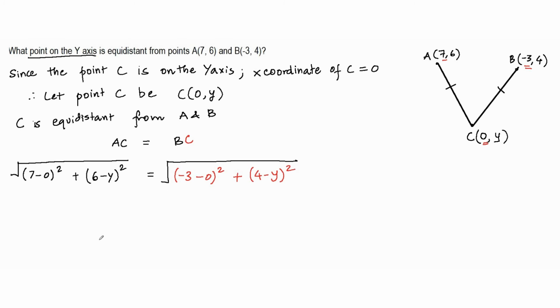So one mistake that we rectified right now is that AC was written as AC equal to AB. We rectified it to AC equals BC.